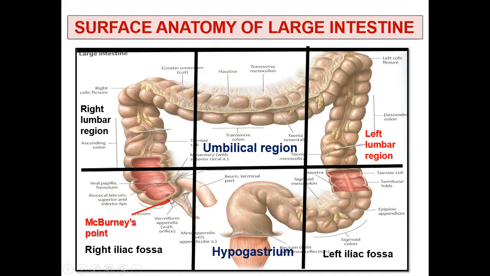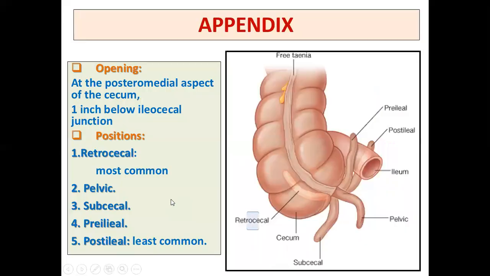It is present in the right iliac fossa, just below the cecum. It is the junction between the lateral one third and medial two thirds of the line joining the anterior superior iliac spine to the umbilicus. So this is McBurney's point.